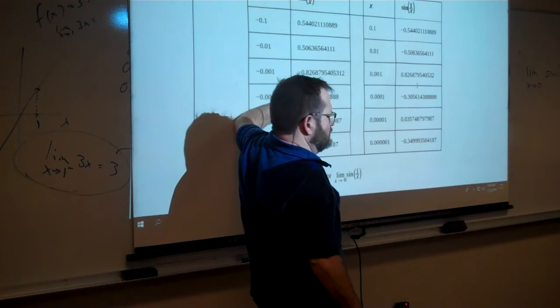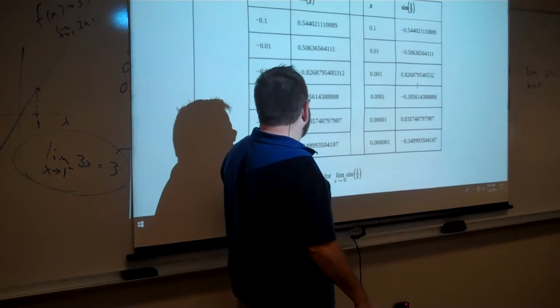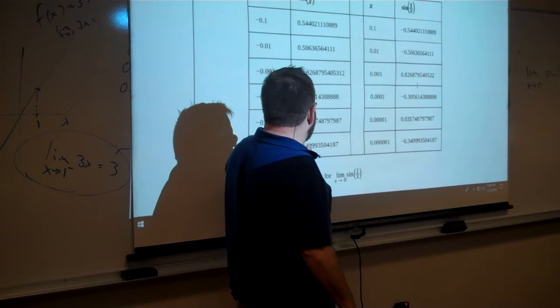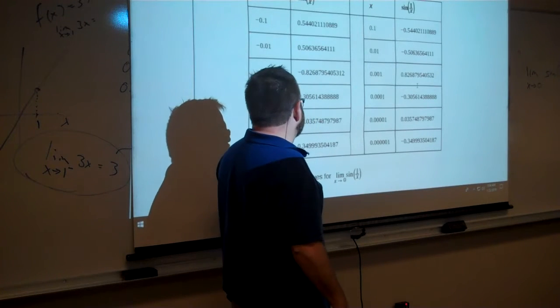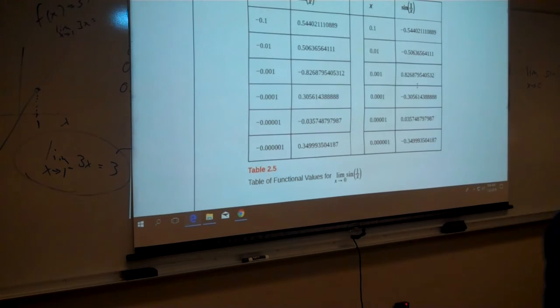Negative 0.8. Get even closer to 0. 0.3. Even closer, negative 0.3, negative 0.03, get even closer, 0.34. See, there's no pattern. We're not approaching any one value, as far as we can tell.